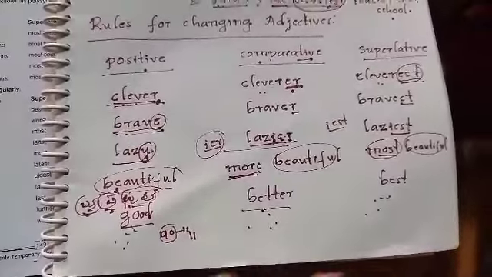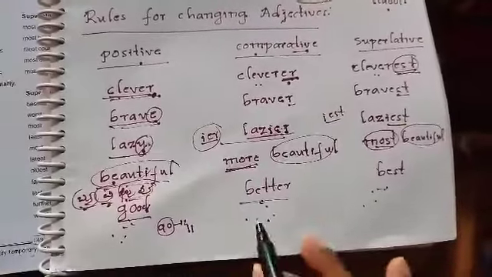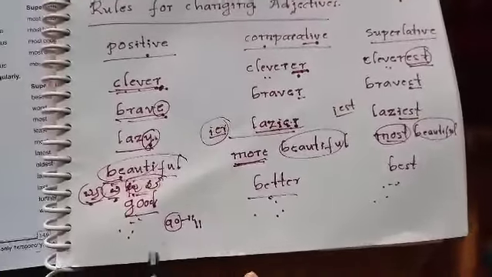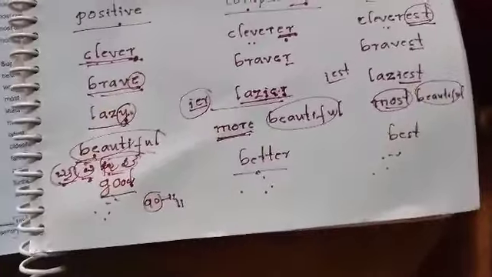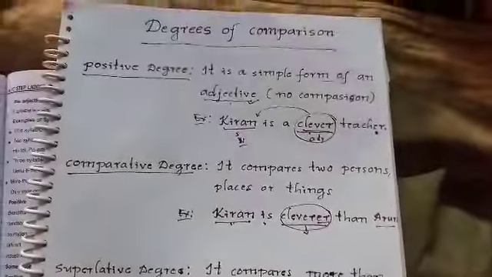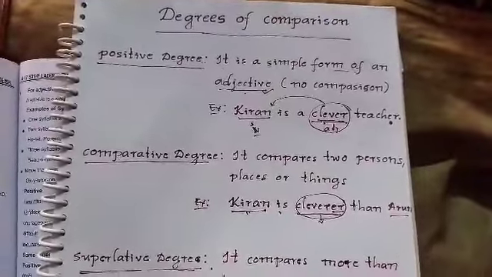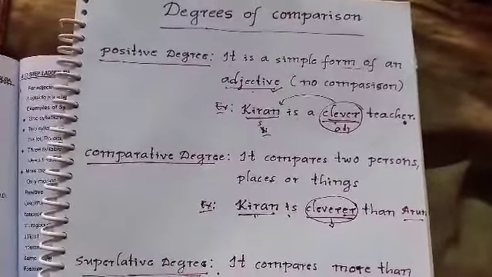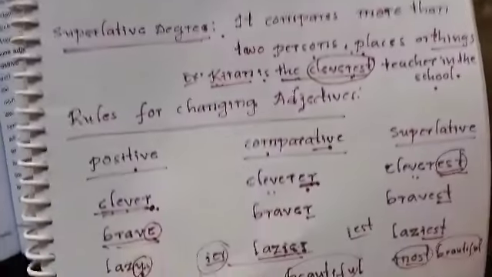Little, less, least. Old, older, oldest. Ill, worse, worst. In this way, we can use degrees of comparison.